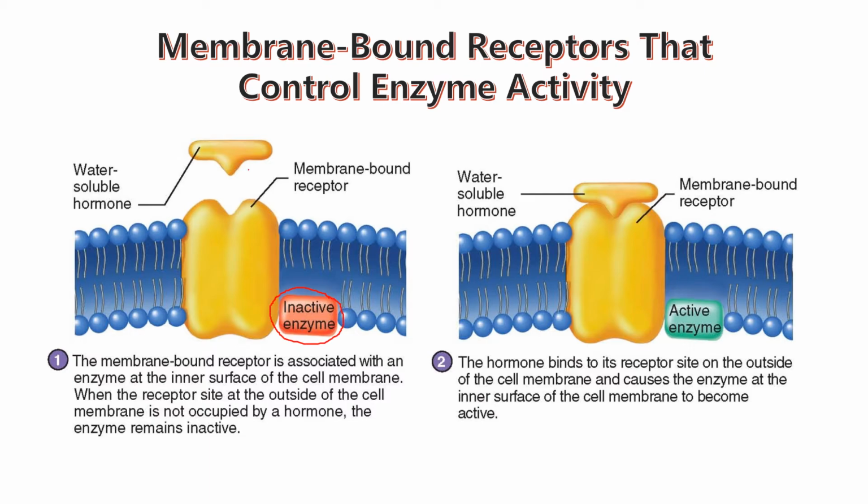Kapag hindi nakadikit si hormone sa kanyang receptor site, ang enzyme na ito ay laging inactive. Okay? But once a hormone attaches to your membrane-bound receptors, the enzyme becomes activated. So that's how you know what a membrane-bound receptor enzyme activity looks like.